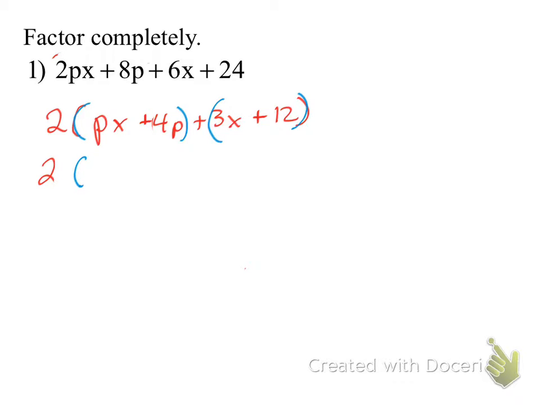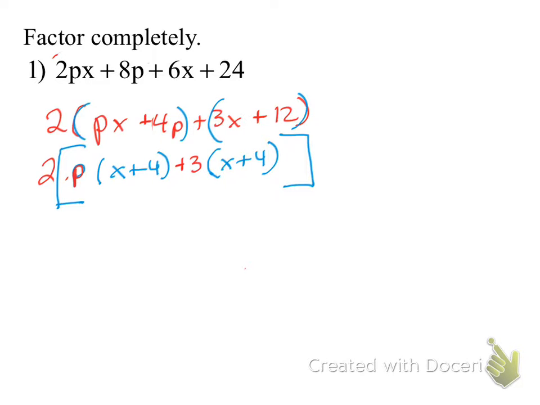Okay, so now I can't forget about my GCF, right? So you said take out a P, and what am I left with? X plus 4, and then plus 3 times x plus 4.